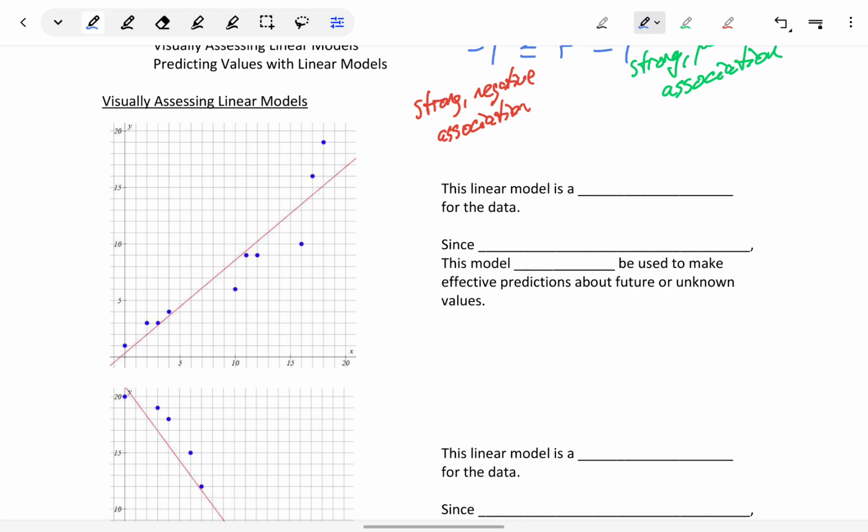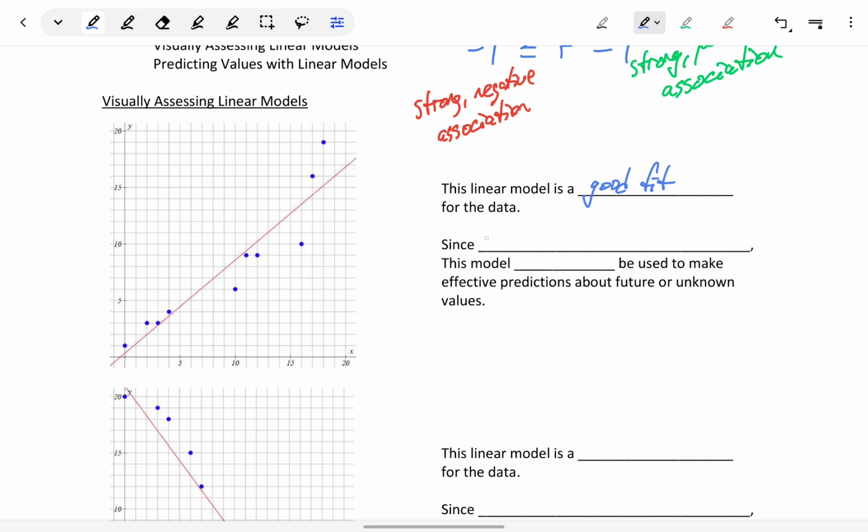So the graph that we have first on the left, we can see it is a good fit for the data because the dots follow close to that straight line pattern, or that straight line pattern follows close to the path mapped out by those dots.